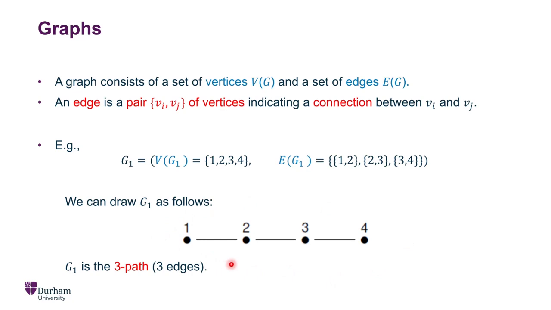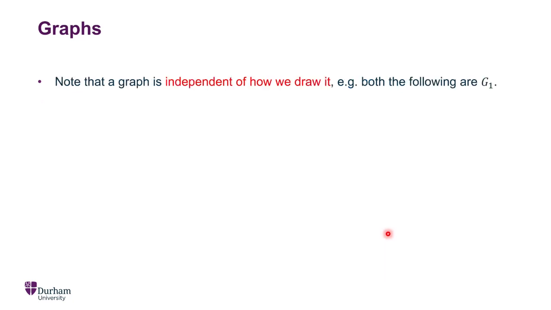It's just a line of 3 edges. Notice, however, that it doesn't really matter how you draw the 3 path, whether it's like so or in any of these ways. It's the edges that count. So it doesn't really matter how we draw the graph as long as the edge set remains intact.